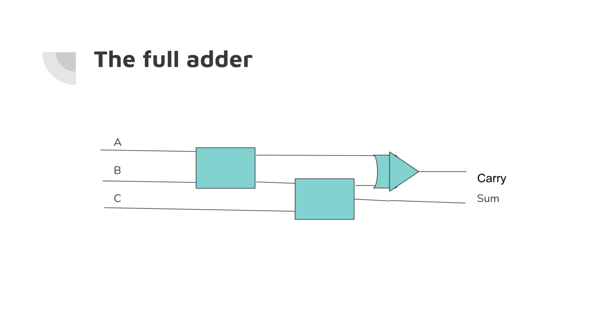Then we can add 3 bits, A, B, and C. So we add A and B, and we get a carry and a sum. And then we add C to the sum of the first half adder.